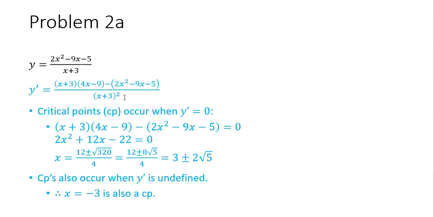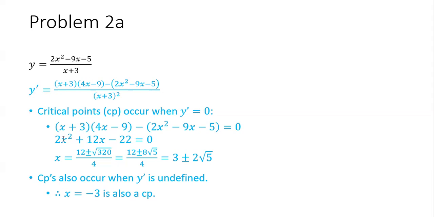So we need to get all those points. Okay, so let's first do when y prime is 0. So we set this equal to 0. All we care about is if the top is 0, because if you multiply x plus 3 squared on both sides, 0 times x plus 3 squared is just 0, right? So we only care about when the top is 0.